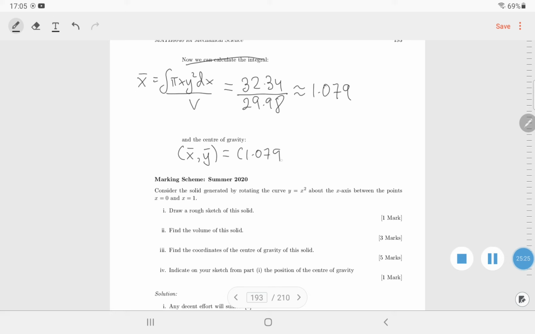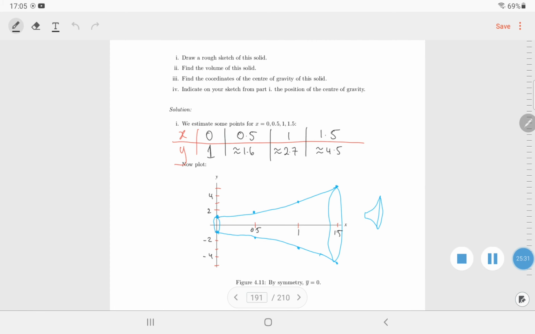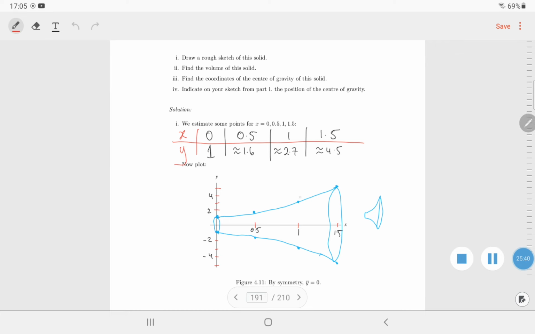Now we might forget why the y coordinate is 0, but if we go back and look at our picture, there's complete symmetry about the x-axis, so the center of gravity has to be there. So let's throw it down there. It's about 1.1, so something like that, which again may or may not look correct. So approximately 1.10. That's the center of gravity. All done.